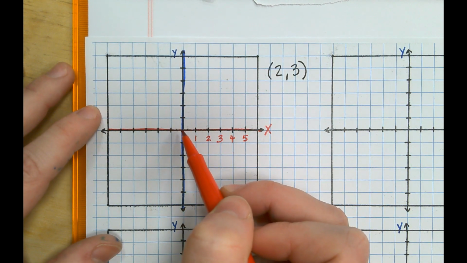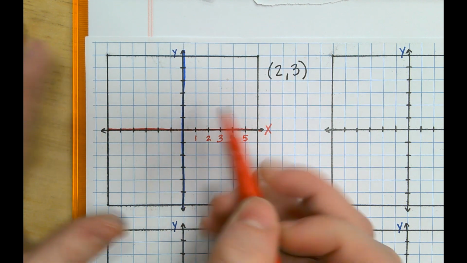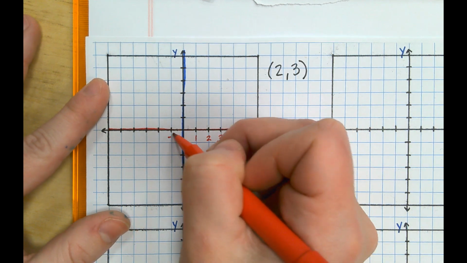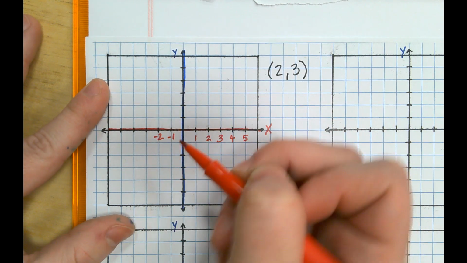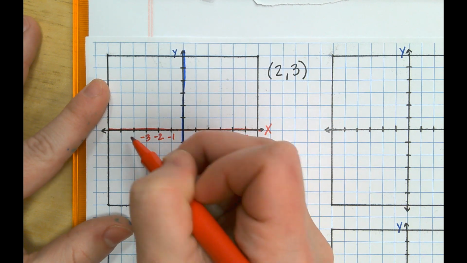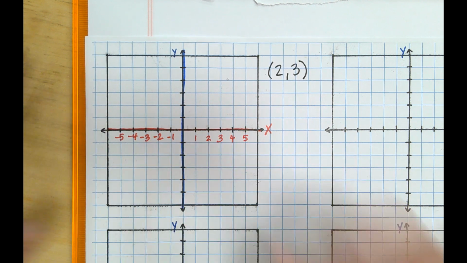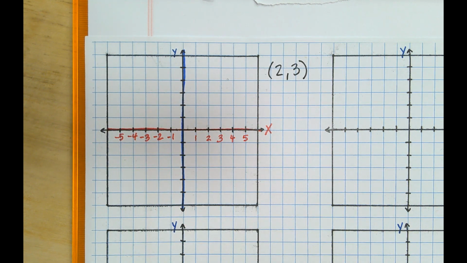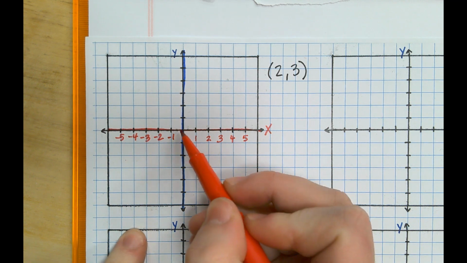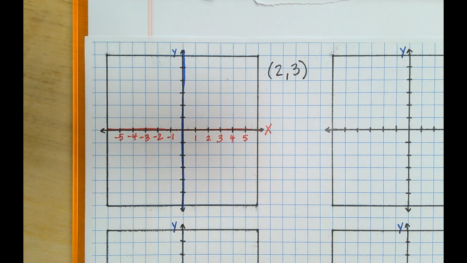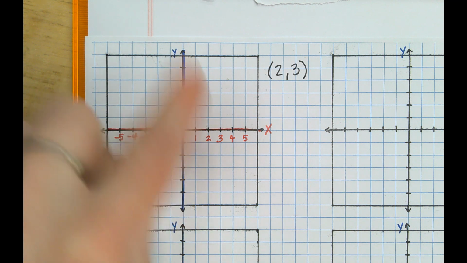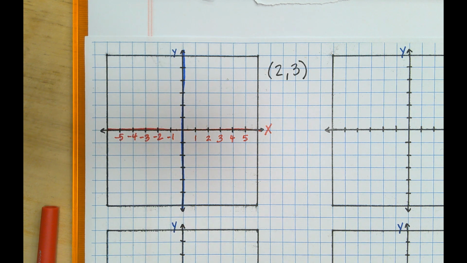And then here's 0 again, so we'll go backwards towards the negative numbers: -1, -2, -3, -4, -5. Our 0 is right in the middle. I usually don't label the 0 just because I feel like it gets a little crowded in there, but you can if you want.